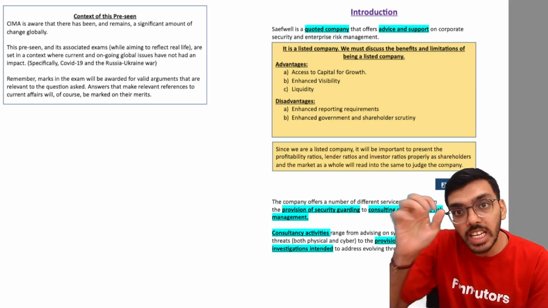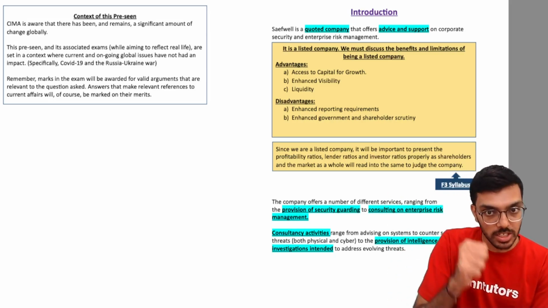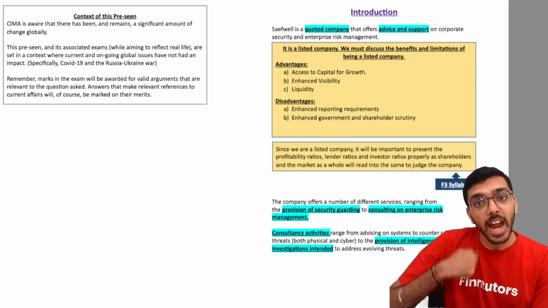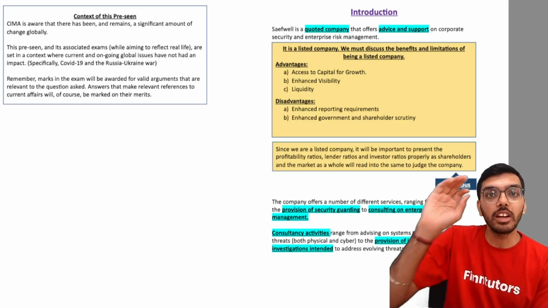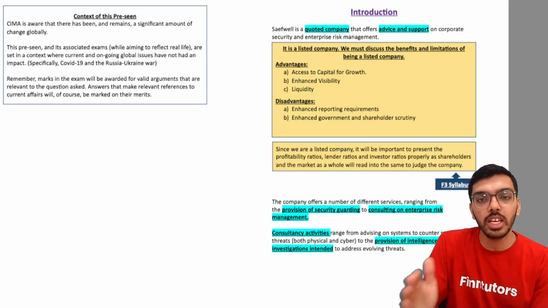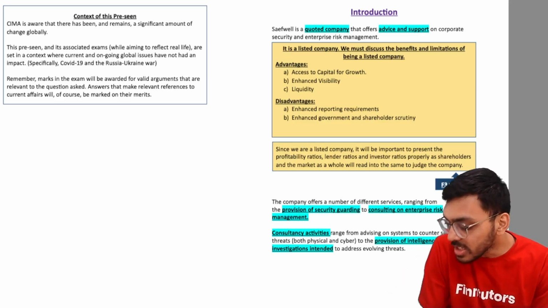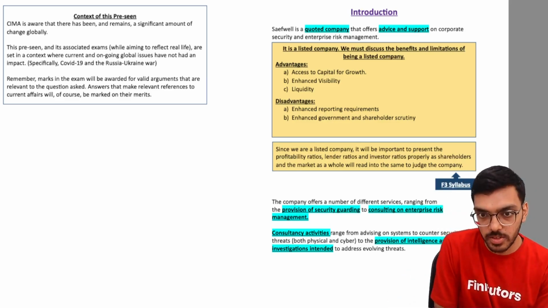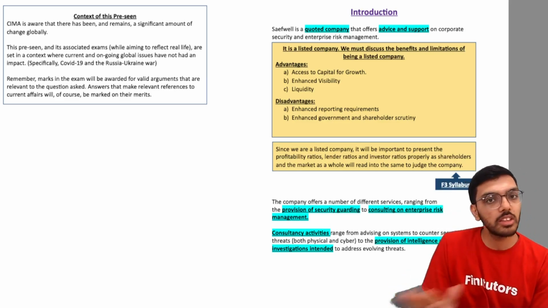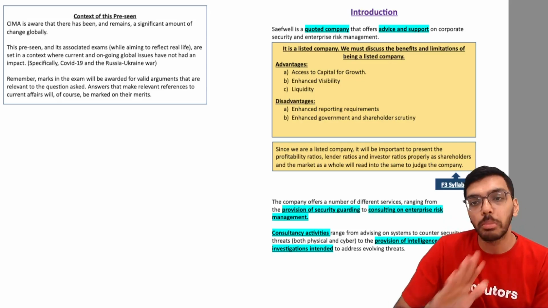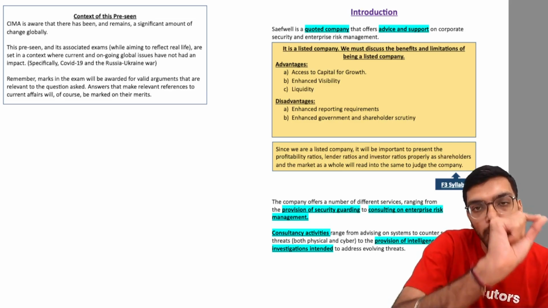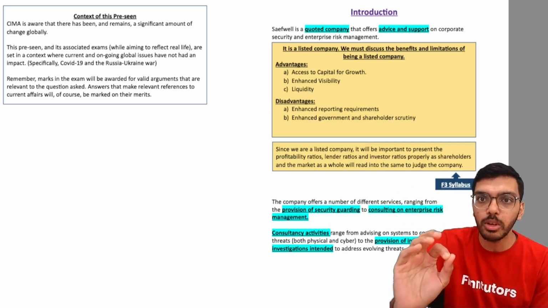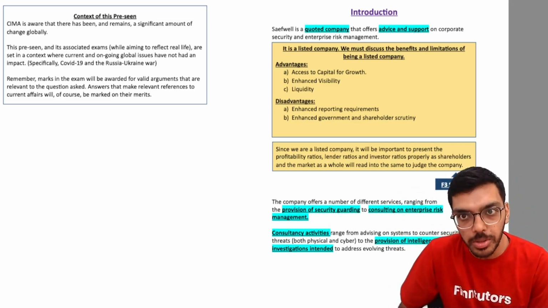What we do is we take the actual pre-seen which is released by CIMA and then add our own suggestions to it, not changing anything. And rest assured that everything in the pre-seen released by CIMA is covered by us. We are not going to miss out on anything or leave out on anything, so please do not worry about that. All you have to do is watch my video from the very beginning carefully and everything will be covered.